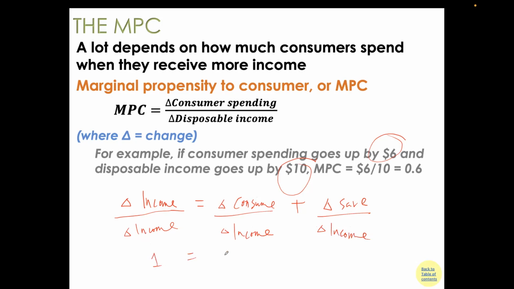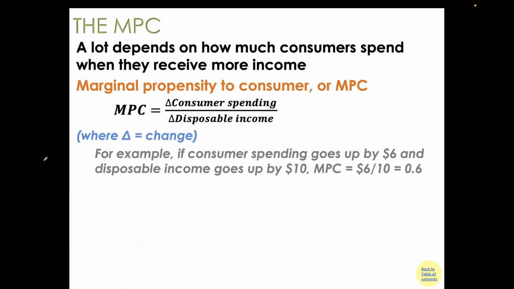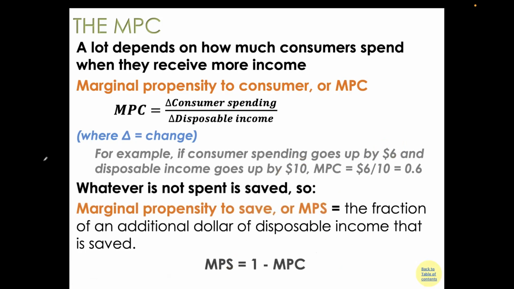On the right-hand side, this term is MPC, and this term we call MPS. So let me erase here. This is how we derive this one. Actually, this goes to the end of this slide. MPS equals 1 minus MPC.